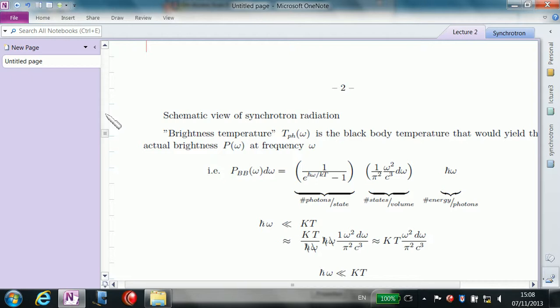So if I give you the number of photons in the mode, and the energy of the photons, that tells you the brightness temperature.